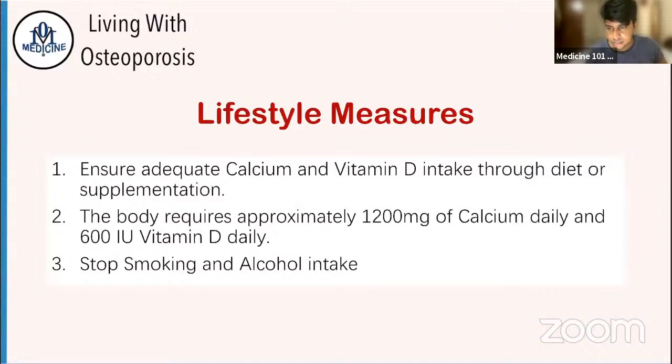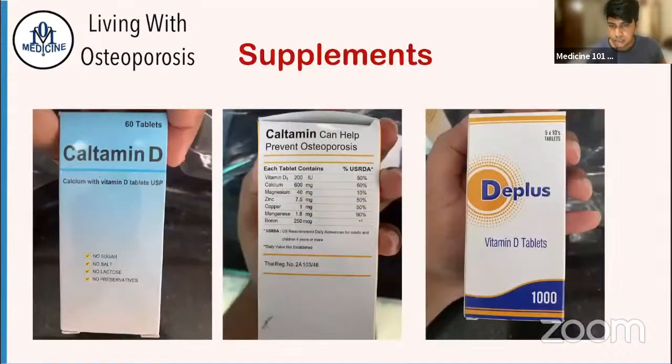So first thing, this can be done by everyone: lifestyle changes. You need to make sure you get at least 1,200 milligrams of calcium and 600 international units of vitamin D daily. If you're a smoker, stop smoking. And if you drink alcohol, stop the alcohol intake. There are certain supplements that even someone under the age of 35 can take, and in Sri Lanka, this is around 1,800 rupees.